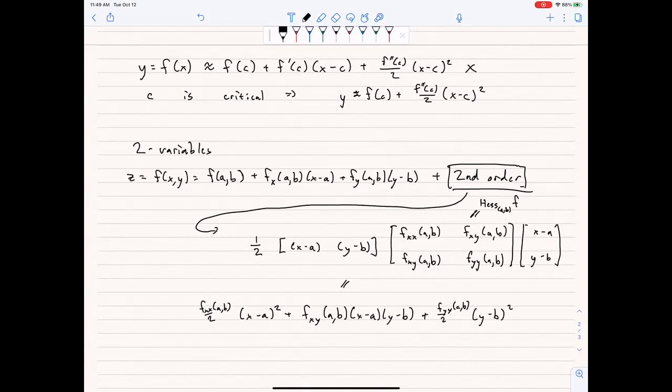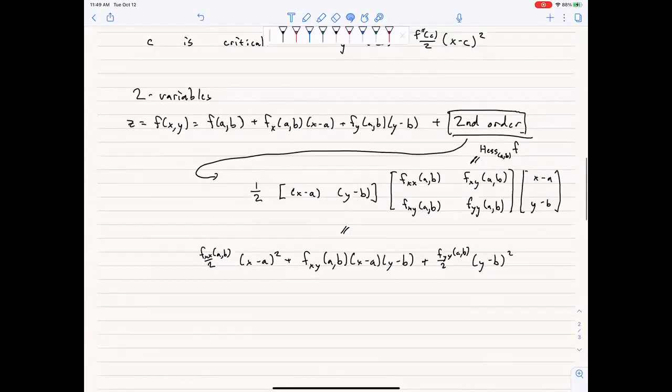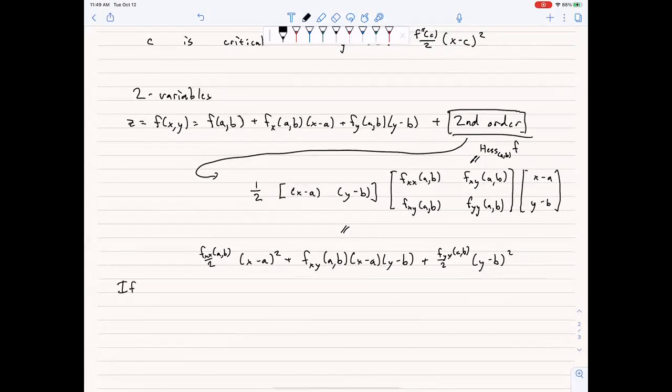Okay. So what am I saying? What's the point? This looks a little bit abstract, and we'll continue with the example that we looked at a moment ago in a second to apply it. But here's what I want to emphasize to you. If (a, b) is a critical point, then we have the same kind of thing that we had before for one variable.